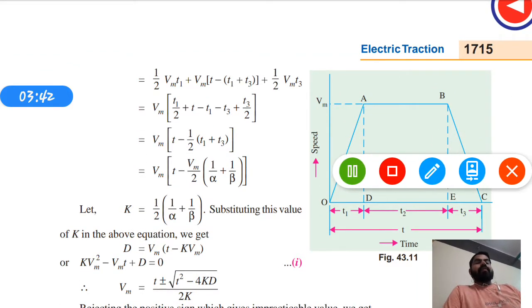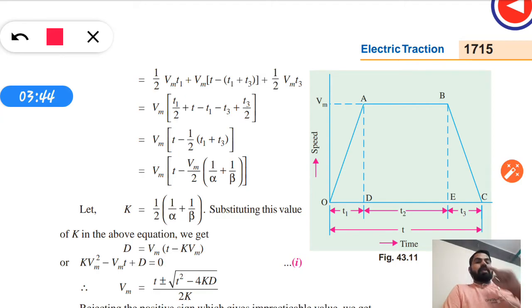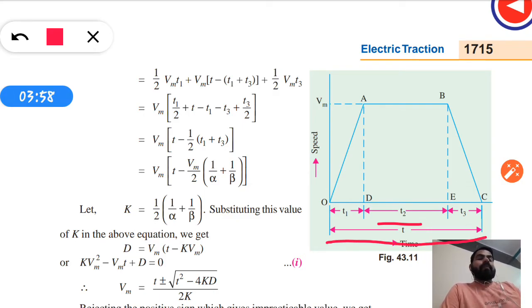Now again, this is 1 upon 2 Vm t1 plus Vm t2. The value of t2 will be small t, the total time, minus t1 and t3. So t minus t1 plus t3 will be t2.